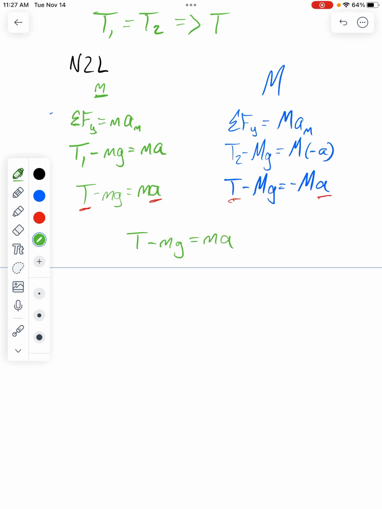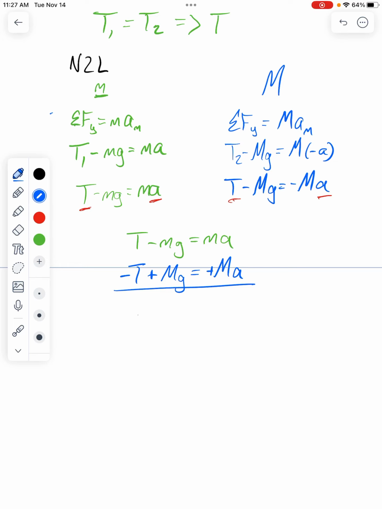is to subtract the two equations. So I'm going to write two equations underneath one another. And then I'm going to subtract this whole equation. So that means I'm going to change the sign on each term, and then I'm just going to add these two together.